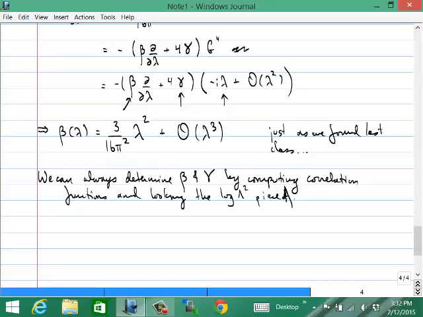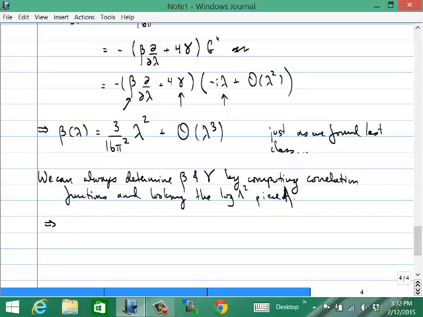So for example, what we saw here is that if you want to calculate the beta function for a phi to the 4 coupling, you compute the phi to the 4 four-point function, working, say, at one loop order. That has a log divergence. And the beta function was essentially the coefficient of that log divergence.